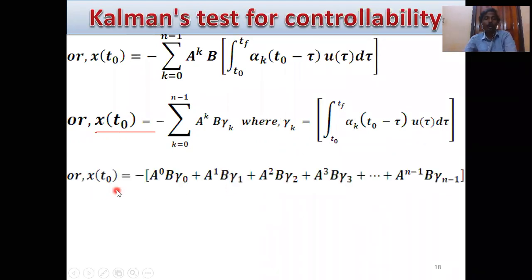So x(T0) equals minus the summation over k = 0 to n-1: for k = 0, B gamma_0, plus AB gamma_1, plus A^2 B gamma_2, plus and so on, A^3 B gamma_3, plus and so on, up to the last value A^(n-1) B gamma_(n-1).